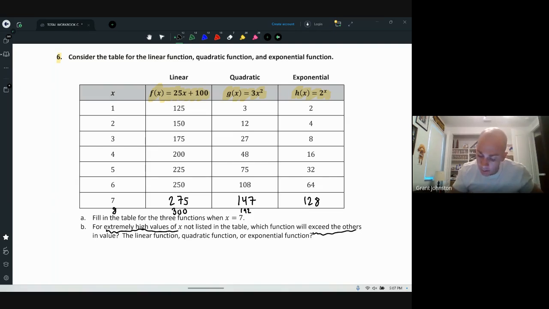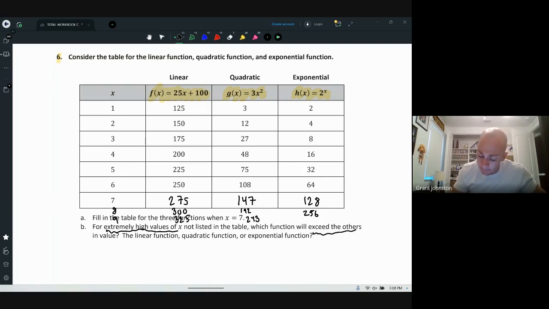So that's still less. Now let's go 2 to the 8th power. That's 256. Whoa. So now it looks like the exponential is getting pretty close, isn't it? What if I went to 9? That would be 325. 9 squared times 3 is 243.